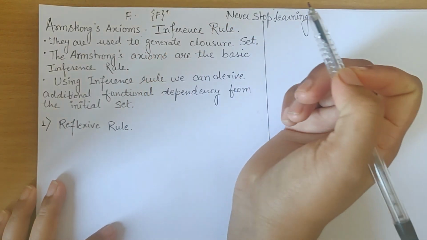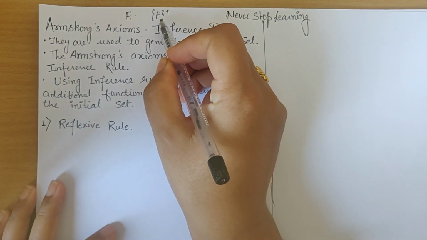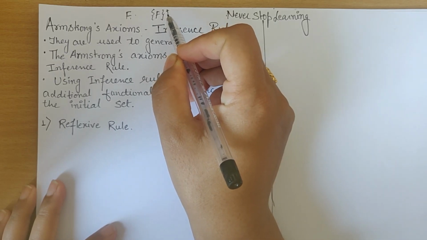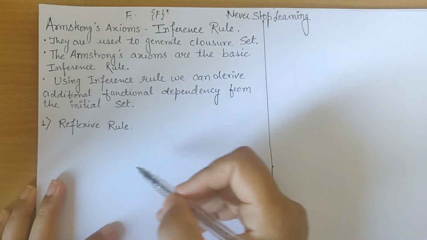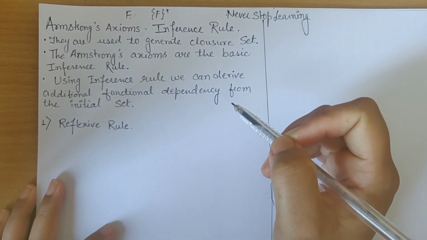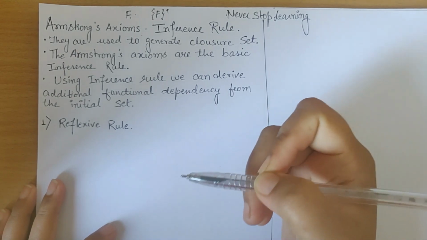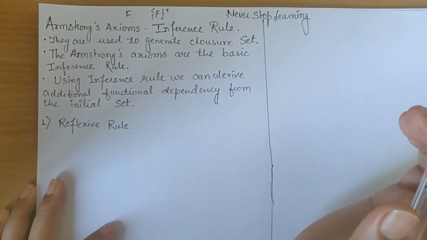What is the closure of F? It is the set of functional dependencies that are logically implied by F. And Armstrong's axioms are the set of rules that, when applied recursively, generate the closure of the functional dependencies.